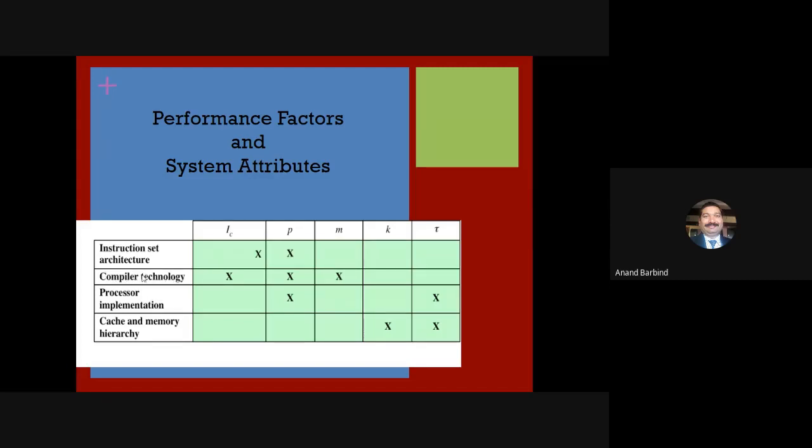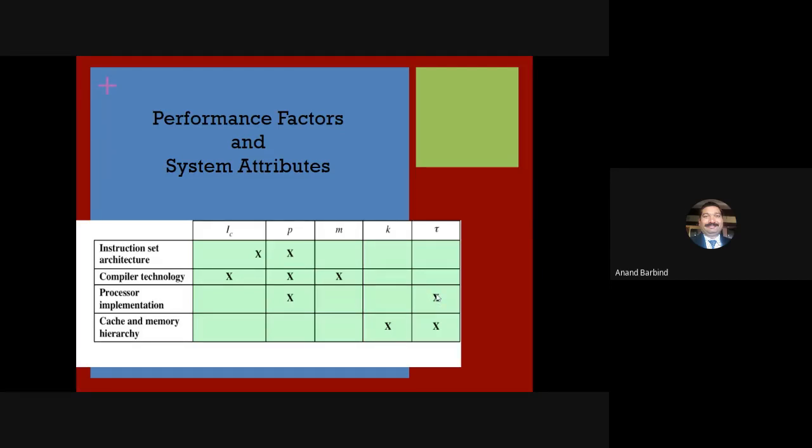Okay, so the compiler technology also matters in the computers. The processor implementation, the overall implementation of the processor, which technology is being used, VLSI, Ultra VLSI, or like that. The instructions' internal computation affects, and of course, what is the time of one clock, that also affects.